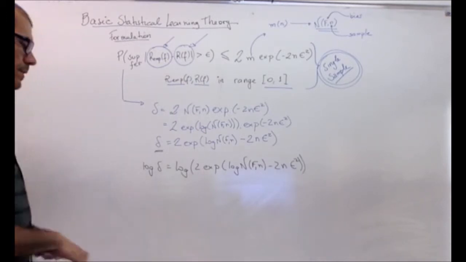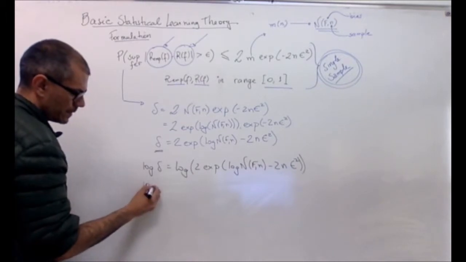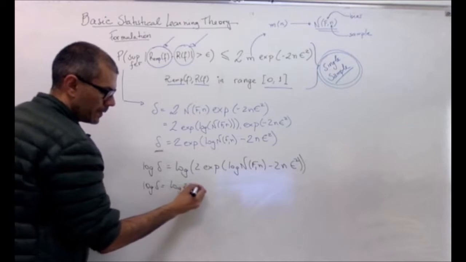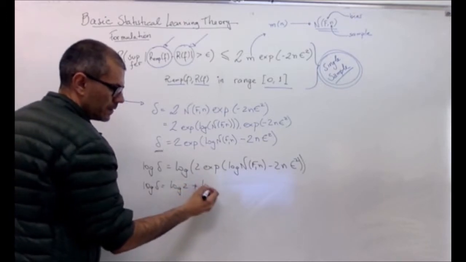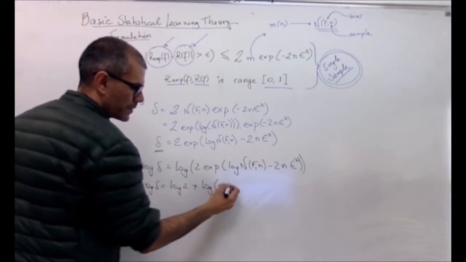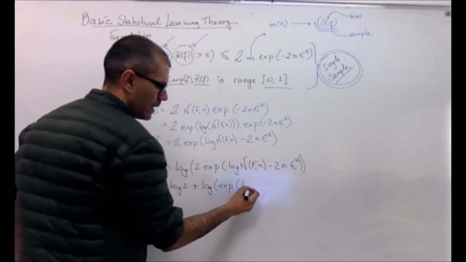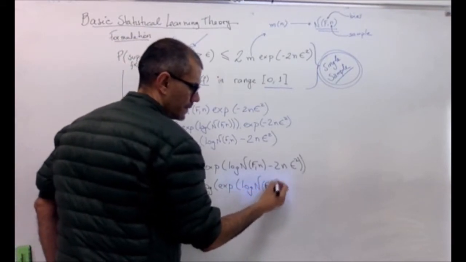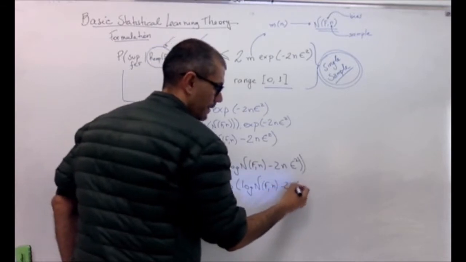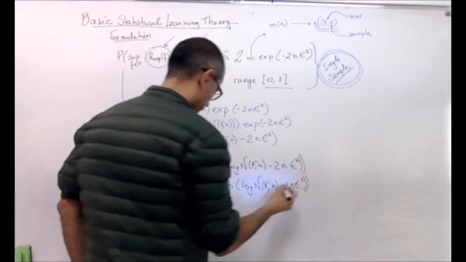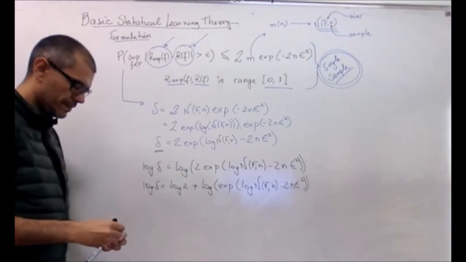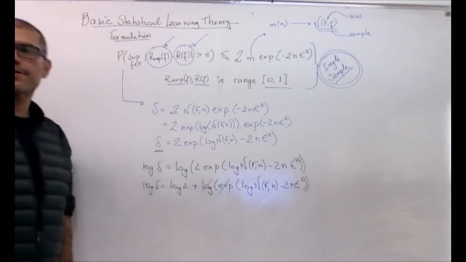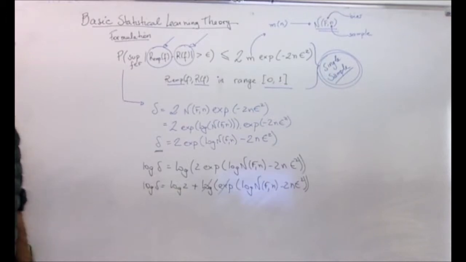We will end up with log of delta equal to the log of 2 plus the log of this exponential function. And that will help me take out the exponential function. I'm going to cancel it out.